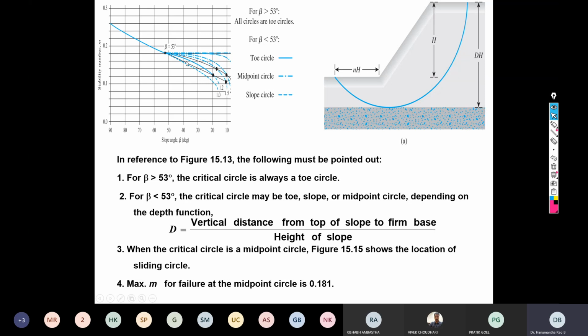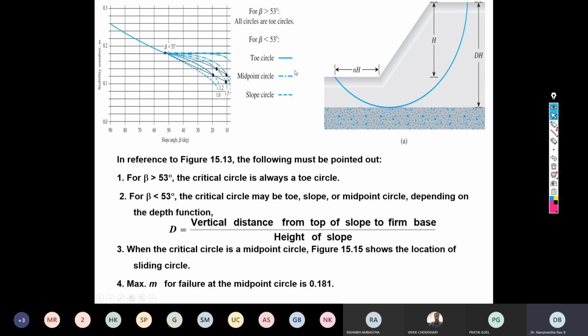Up to beta of 53, the trial slip circle always passes through the toe. When beta is greater than 53, it is a toe circle. Less than this, anything can happen.